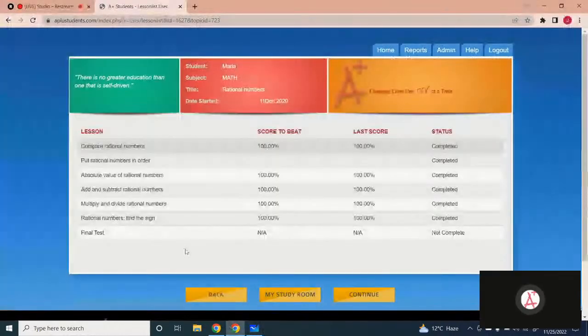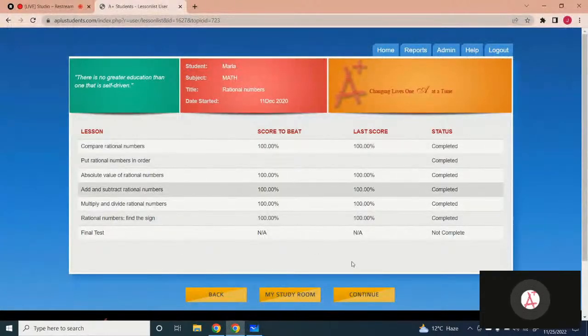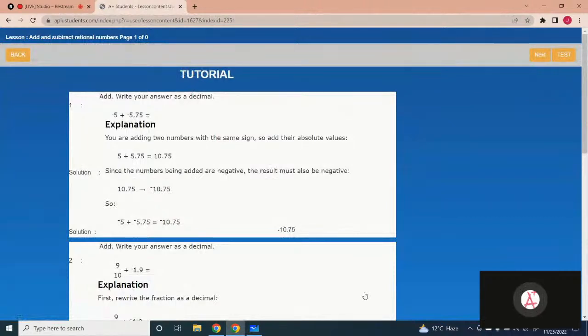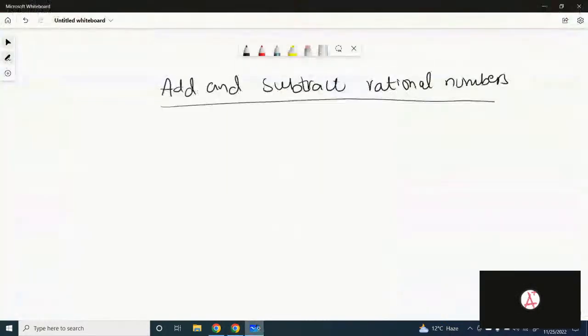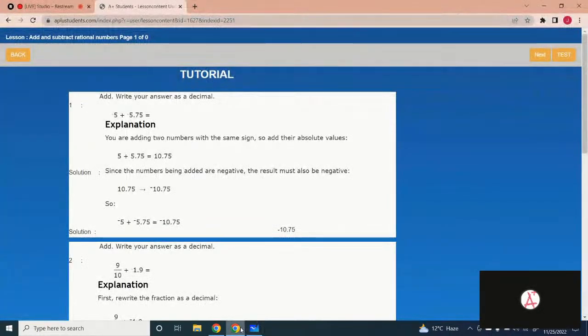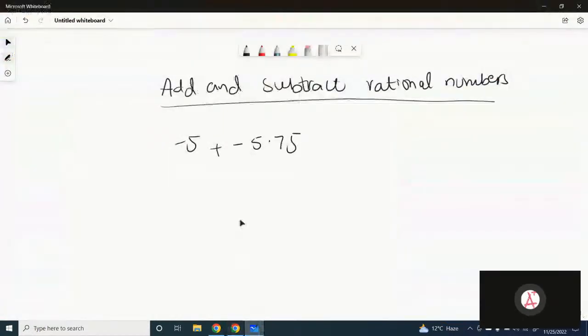Okay, so here is add and subtract rational numbers. The first one is add, write your answer as a decimal, -5 plus -5.75. Got it? So you have two numbers with negative signs.